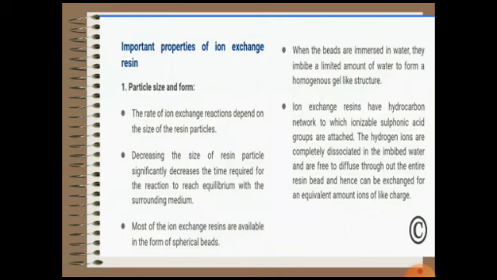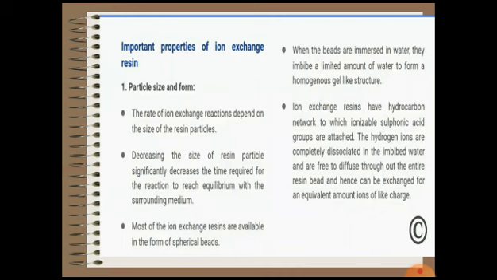Most ion exchange resins are available in the form of spherical beads. When the beads are immersed in water, they imbibe a limited amount of water to form a homogeneous gel-like structure. Ion exchange resins have a hydrocarbon network to which ionizable sulfonic acid groups are attached.